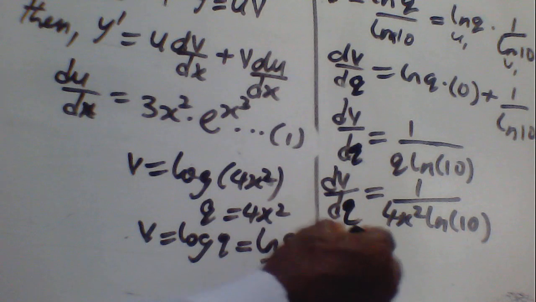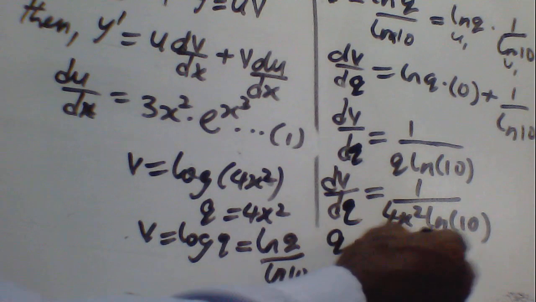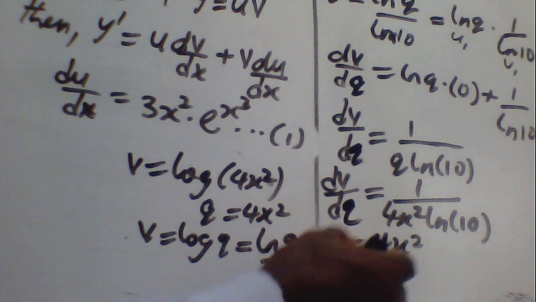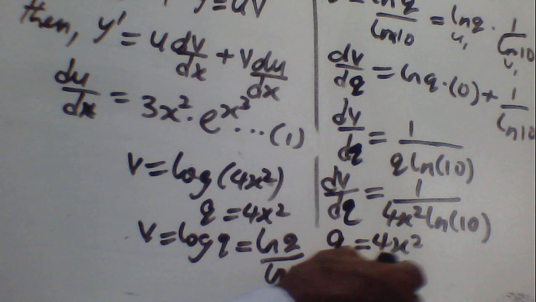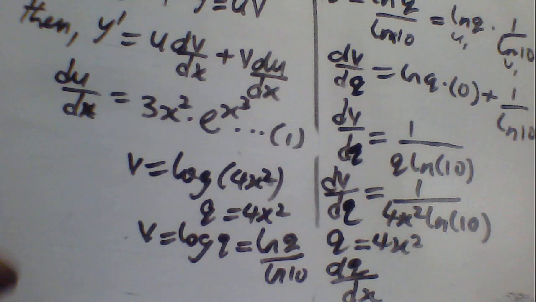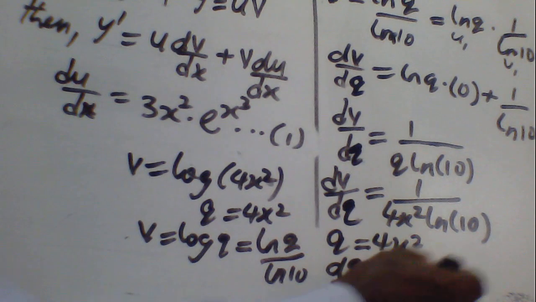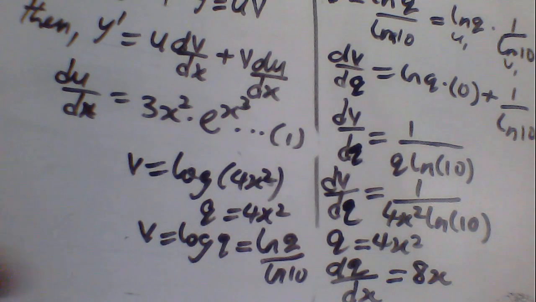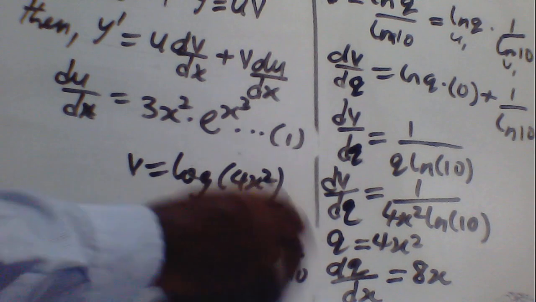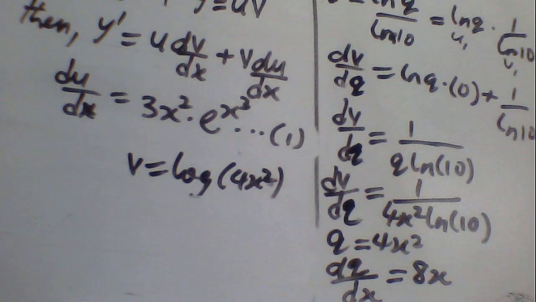If q is equals to 4s squared, then dq over dx will be equal to what? 8s. That is it. I hope you are following. So now it is complete.